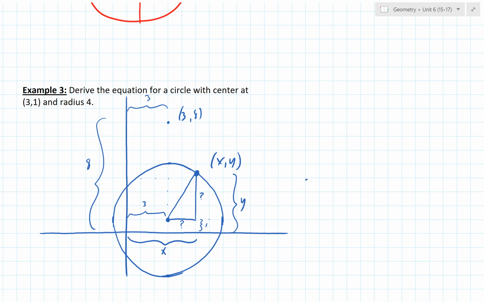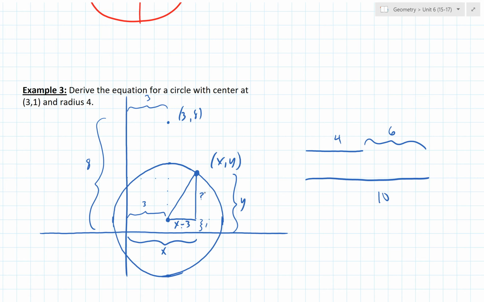If we had a segment that was 10 and this was 4, how long would that be? 6. You get that by subtracting, right? You take the long length, 10, subtract 4, that leaves you with 6. We can do the same thing here. If this is x and this is 3, Giancarlo, what would be left? x minus 3. So that's the expression that we're looking for to fill in that question mark. So that would be x minus 3.